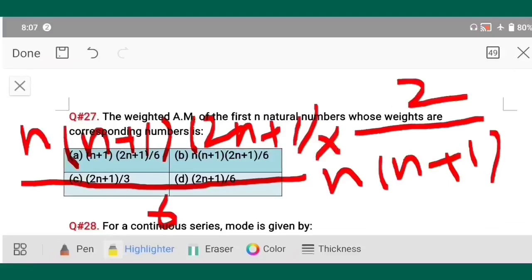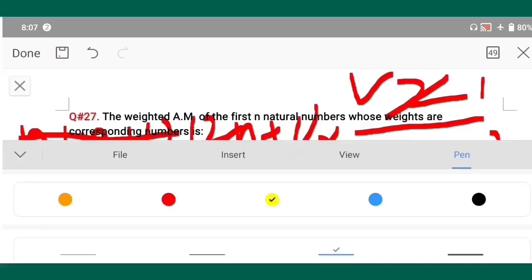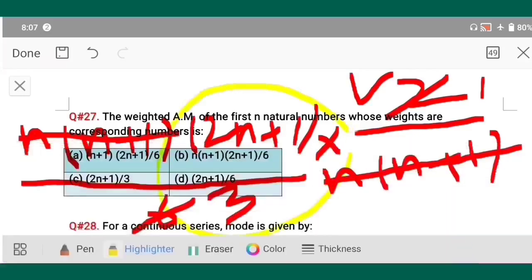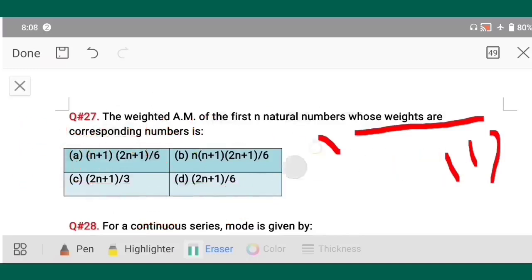So this is the division. We just consider it like multiplication. So it gives 3, and n plus 1 will be cancelled out with n into n plus 1. So our required answer is 2n plus 1 divided by 3.